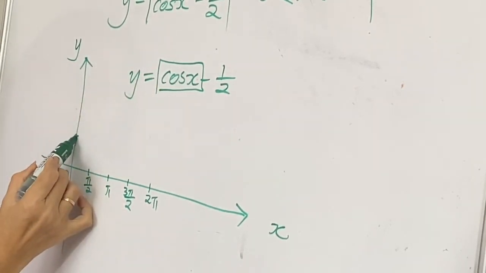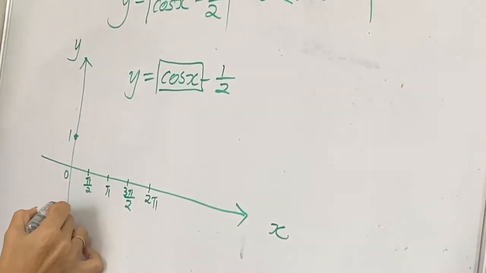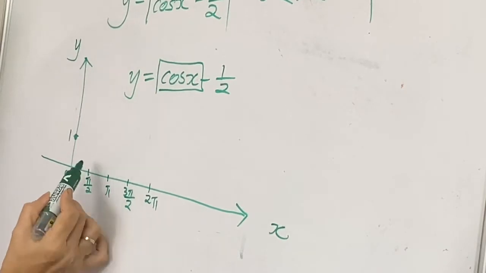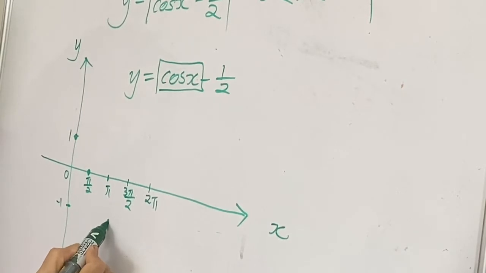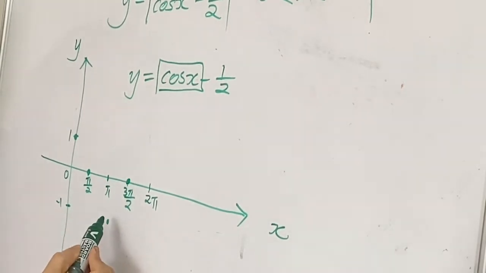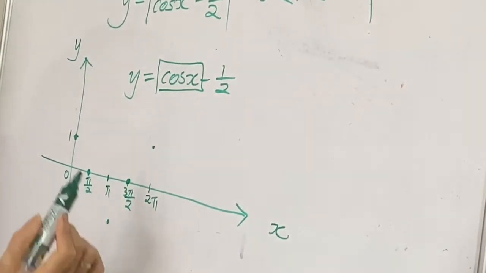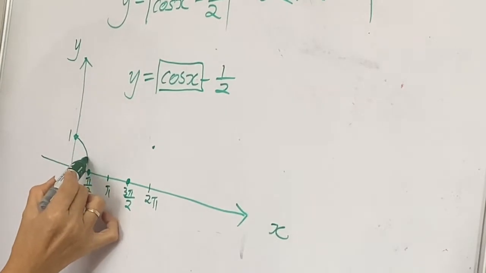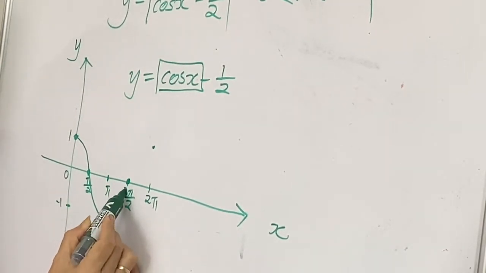Cos 0 is 1. Cos 90 will be 0. Cos 180, pi is 180, is negative 1. At 270, 3 pi over 2, it is 0. And then at 2 pi you get 1.